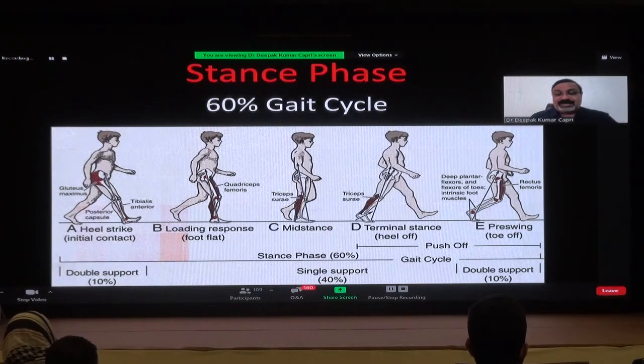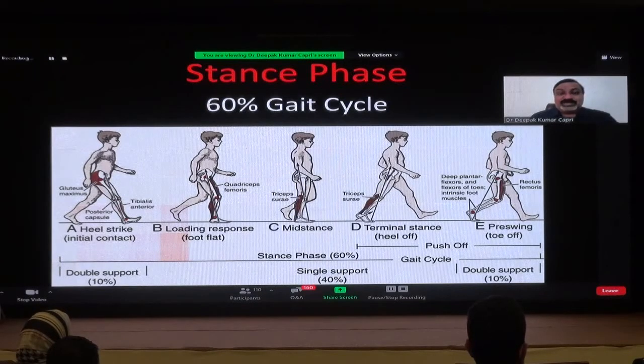And that will again give compression forces on the disc on either side, and the person will have back pain again and again. In addition to this, when we go to the toe-off phase, if you notice here, the toe is almost 90 degrees extended. And how much is minimally required? 30 degrees.